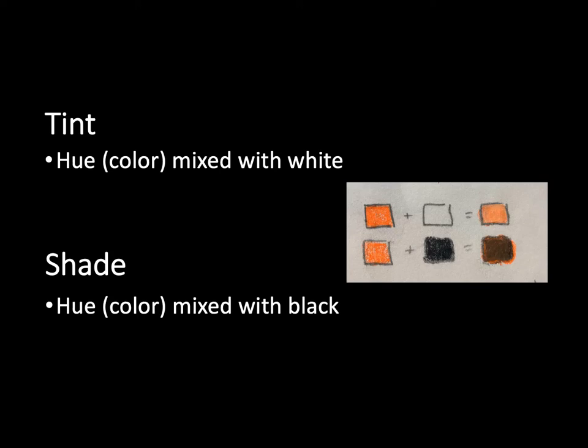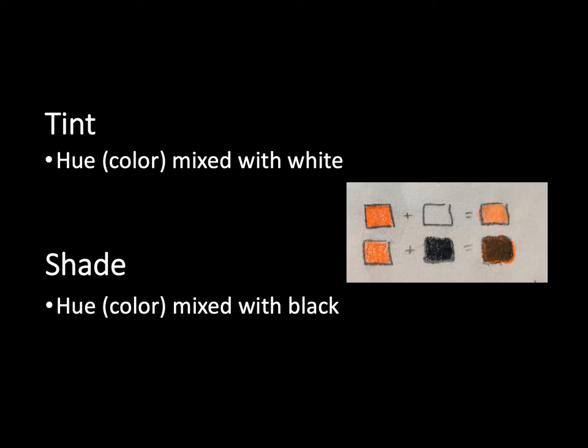Okay, now shades are what you add when you take a hue or color and mix it with black. A lot of times when you think about shading in an area, you think of the shadows, you're making it darker. So shade is when you add black. Again, adding black is changing the intensity of something. It's making it darker, a little bit more dull.